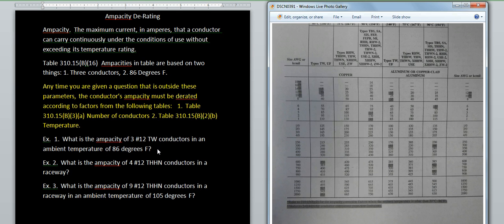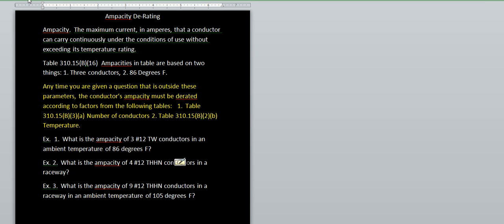So the answer to the first question is 20 amps. Now the answer to the second question.